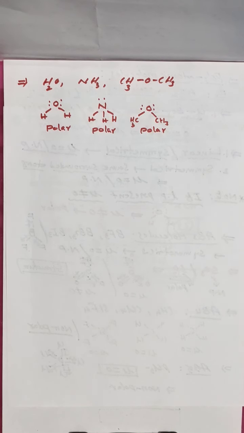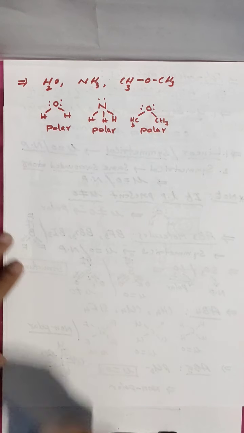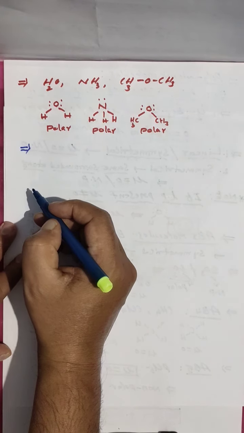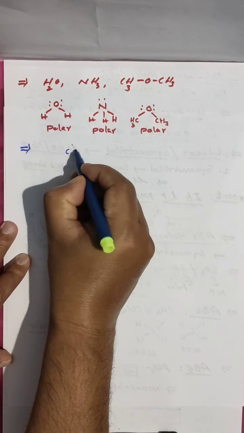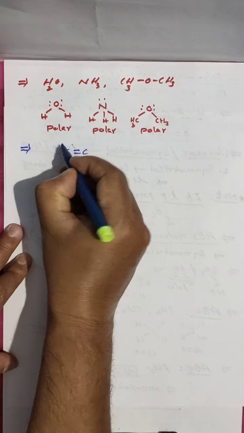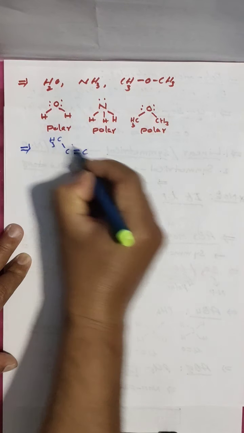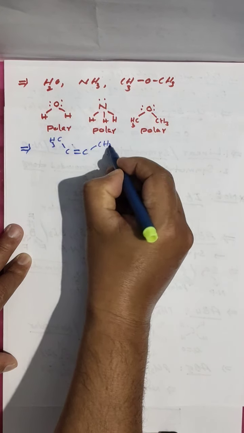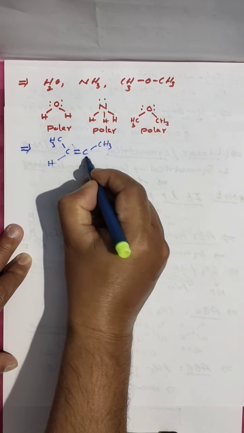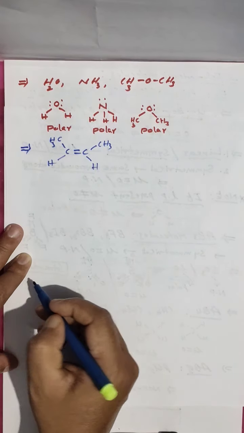Now I am explaining a few more examples on dipole moment. Here I am taking an organic compound with a C double bond C, and here CH3 and here CH3, and here hydrogen and here hydrogen.